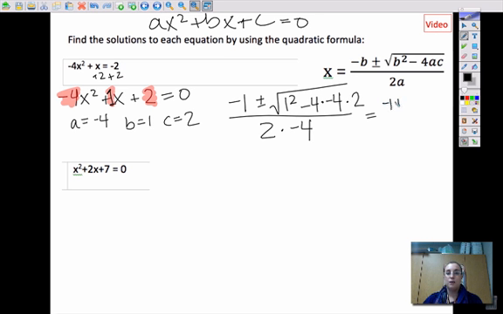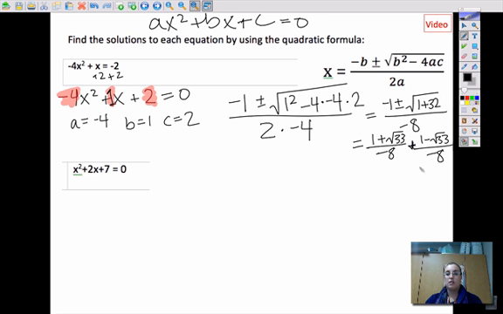So this negative 1 plus or minus stays put. 1 squared is 1, minus 4 times negative 4 is negative 16, times 2 is negative 32. So it's minus a negative 32, so I'm just going to write plus 32, divided by negative 8. The most simplified I can get this is negative 1 plus the square root of 33 divided by negative 8, and negative 1 minus the square root of 33 divided by negative 8.